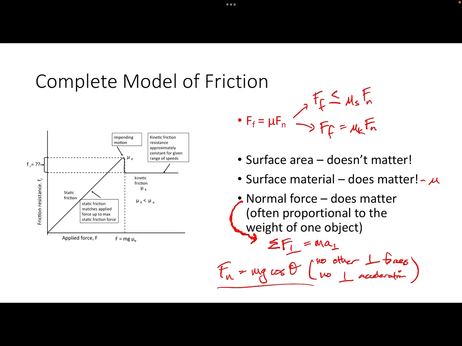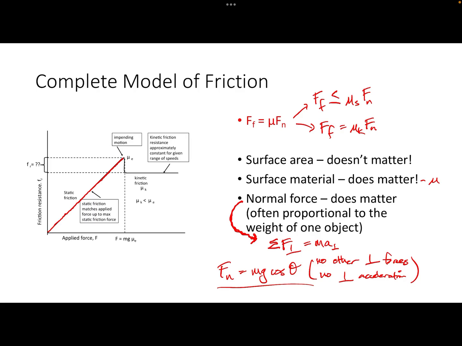Okay, so at this point, you all have enough information to get started with today's activity, which is going to be to use a simulation to explore the shape of this graph, which shows how we can increase an applied force up to the maximum force of static friction without causing an object to start moving if it's motionless.